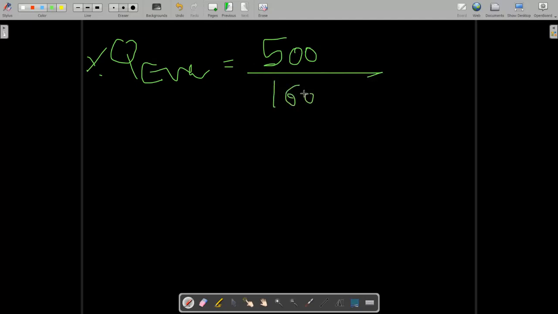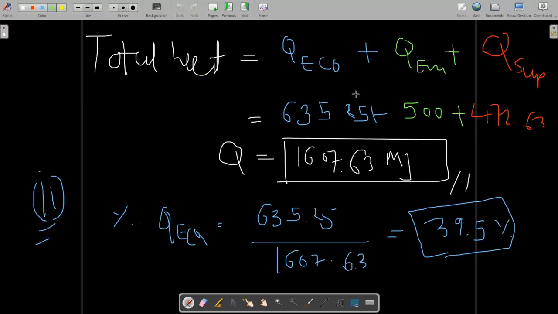Next is the percentage heat added in the evaporator. So it is 500 upon the total heat, which is 1607.88. Sorry, 88, not 68. It's my mistake.